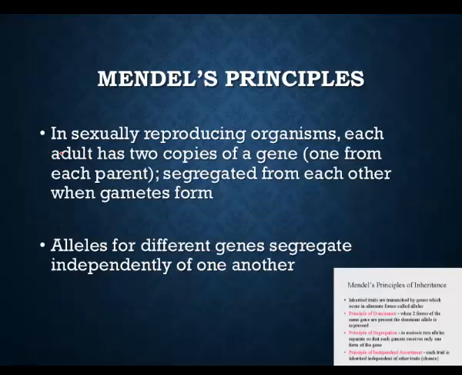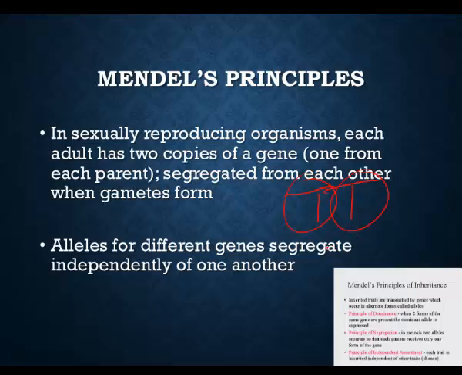Mendel's principles continued. In sexually reproducing organisms, each adult has two copies of a gene, and those are the alleles I'm talking about. And they segregate when gametes are made. So remember, if you have a gene for plant height, there's each copy, one there, one there.